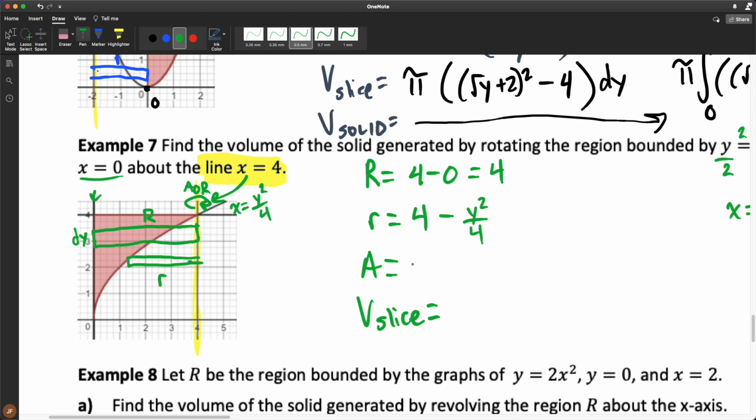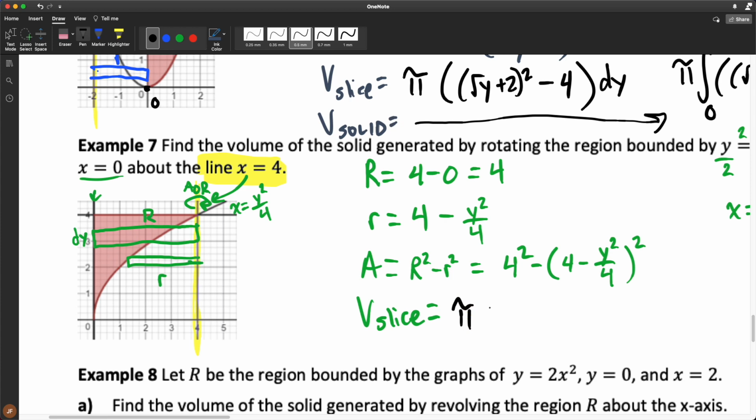Okay, so area is big R squared minus little r squared. So big R squared, 4 squared, minus little r squared. Make sure you put that in parentheses when it's got more than one term. Gotta put it in parentheses. Okay, so volume of a slice. We have pi. Don't forget the pi.